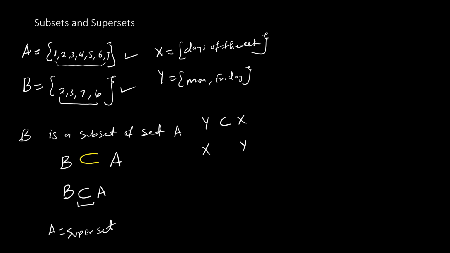We simply represent superset by making another symbol that looks just like the opposite of subset, something like this. So we can say set X is the superset of set Y. Remember, the master set is the superset, while the derived set is the subset. This is subset, and this is superset.